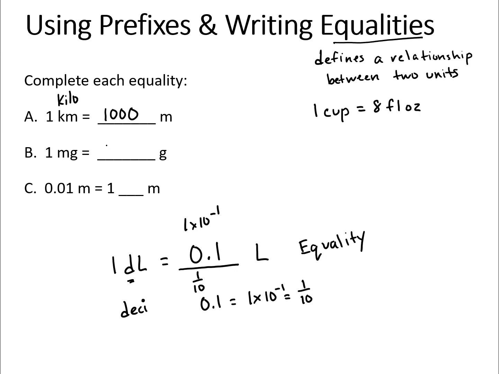Yes. So 1 milligram is equal to 0.001 grams. You can also write these in scientific notation, and that would be perfectly fine too.